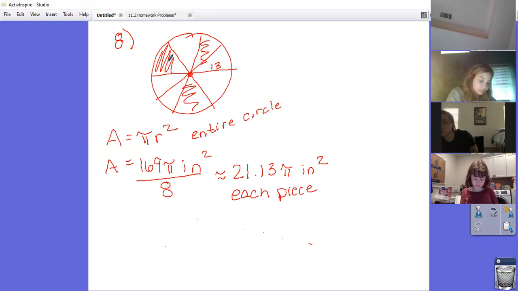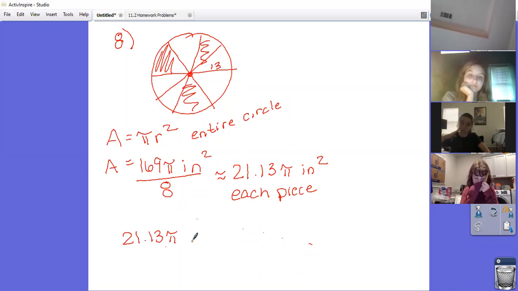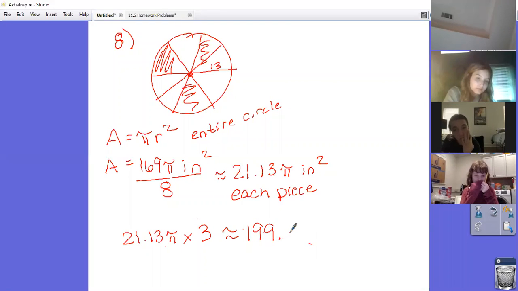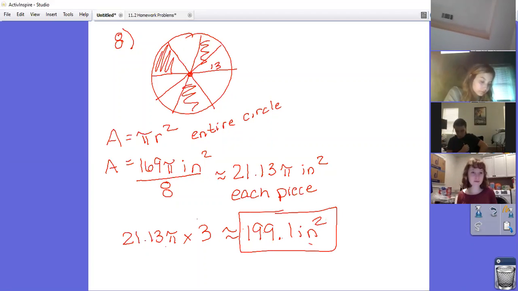Each one of these 8 pieces is 21.13 pi inches squared, but I only need 3. So I'm going to take 21.13 pi and then multiply it by 3. And then I'm just going to multiply it out in my calculator and get approximately 199.1 inches squared for all 3 of those pieces.